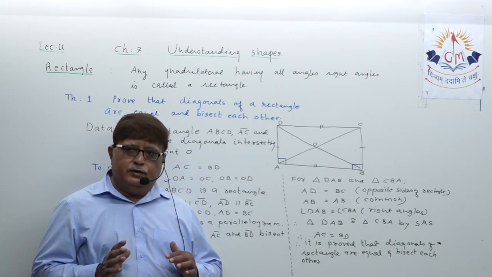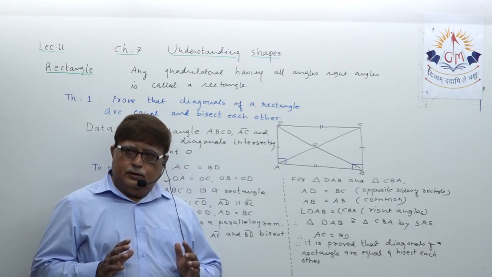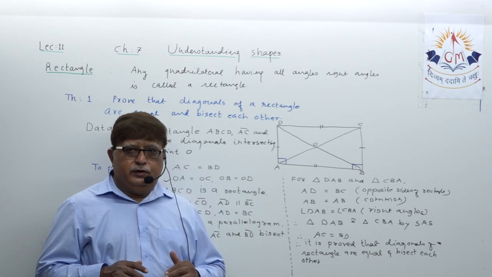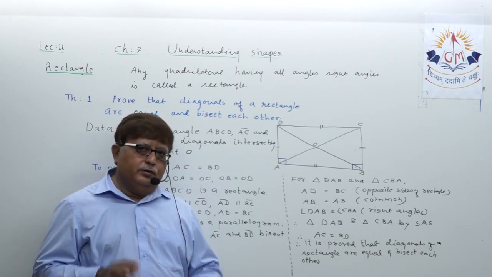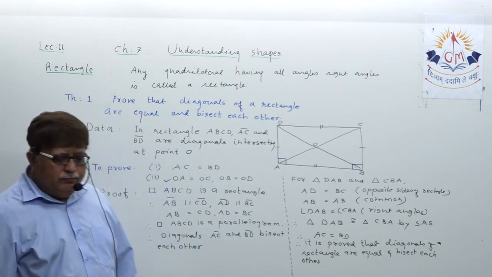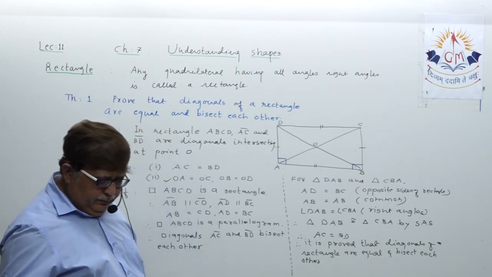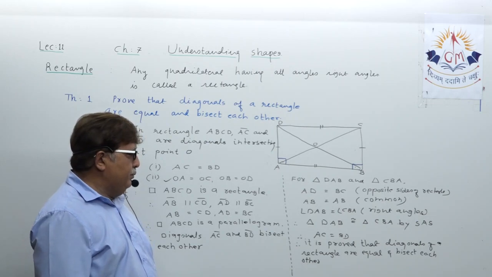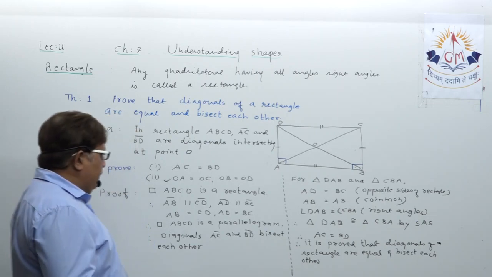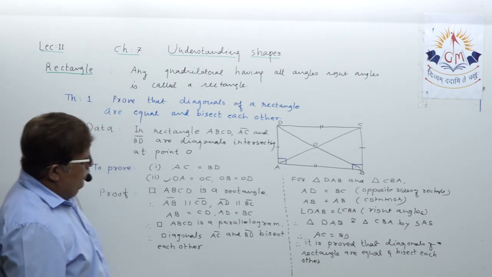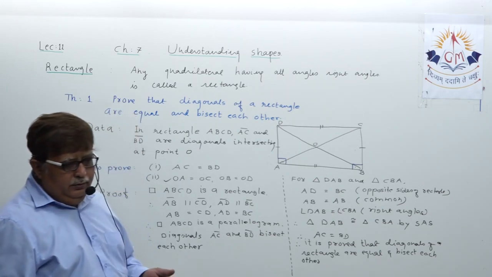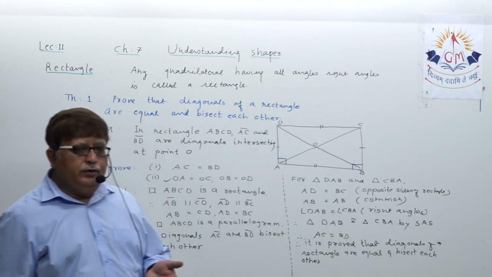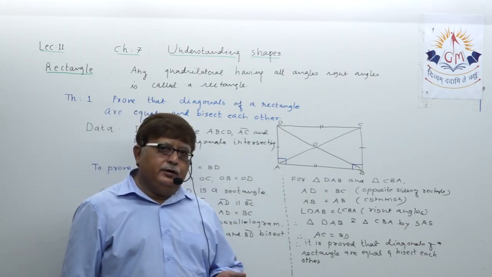Diagonals of a rectangle are equal and bisect each other. Okay. So suppose, dear student, in a test, if I ask you to write four properties of a rectangle, how can you write?